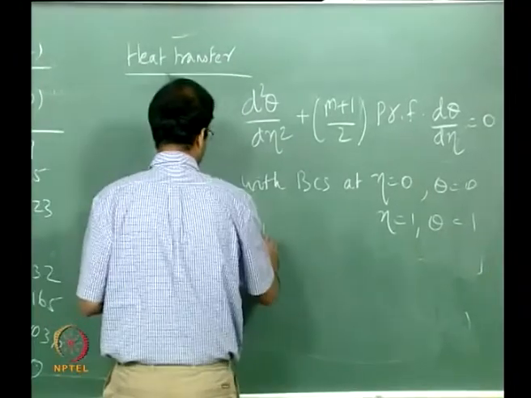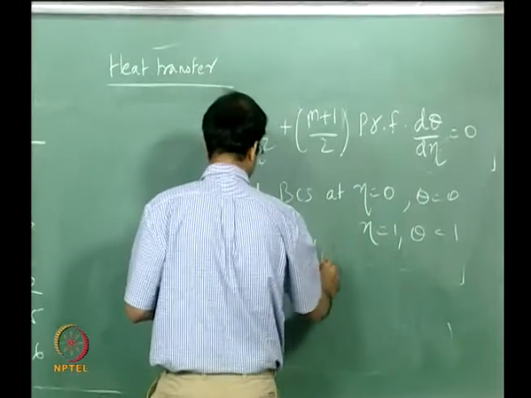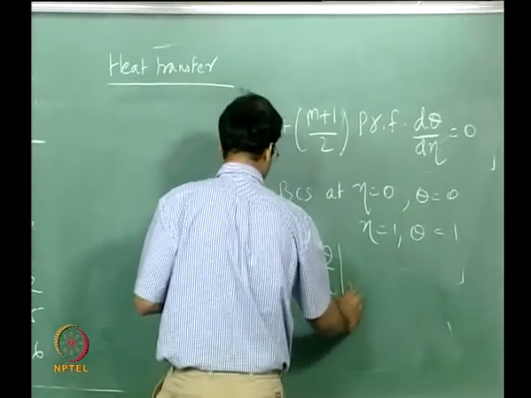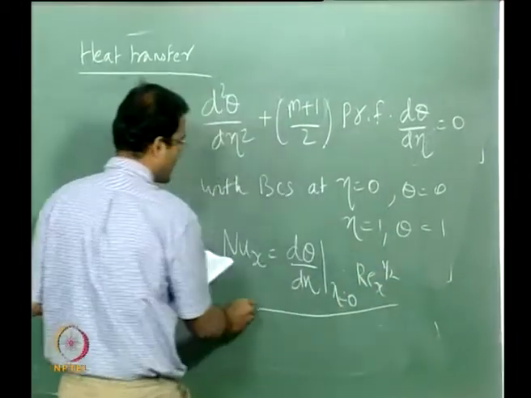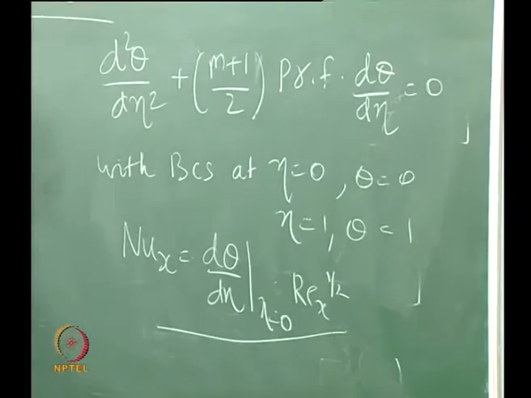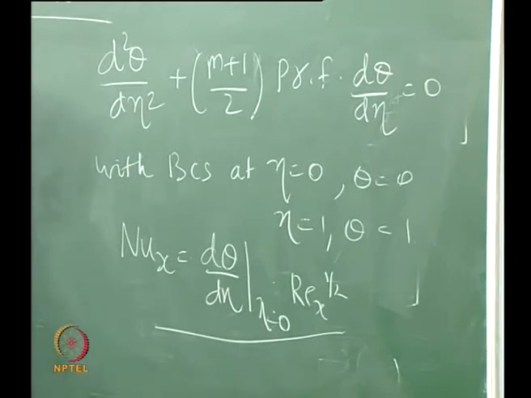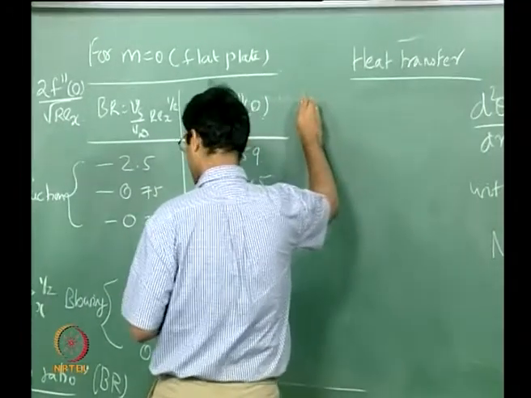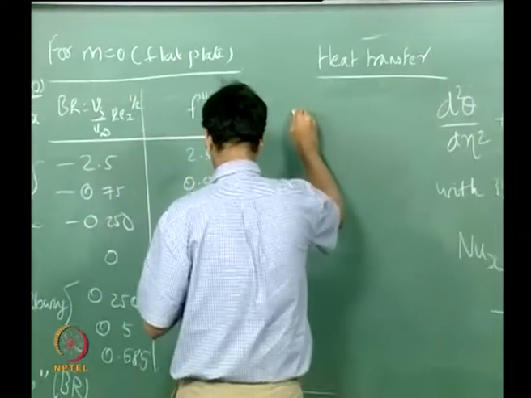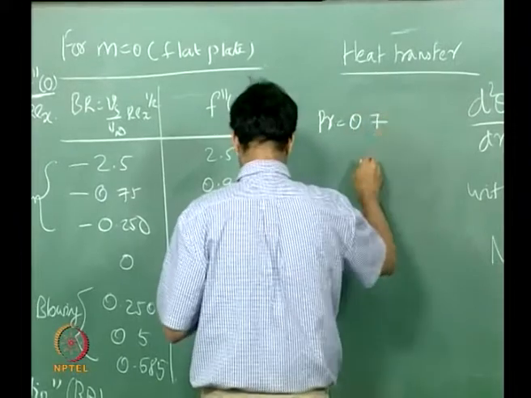So therefore you are more interested in the Nusselt number. If you are looking at Nusselt number, this is d theta by d eta at eta equal to 0 into Rex power half. This is what we derived finally. So this is how the Nusselt number is related to the non-dimensional temperature gradient. Okay, so all we are interested in is theta prime at 0. So let us tabulate for some more. I think this is coming from one of your textbooks.